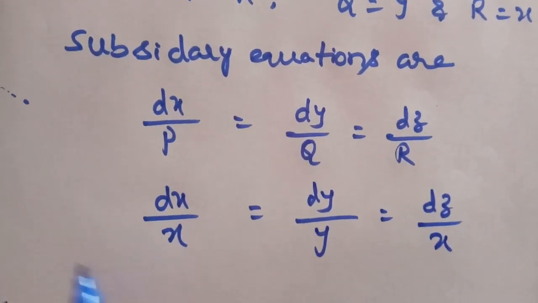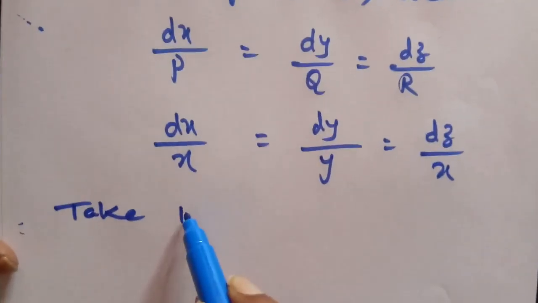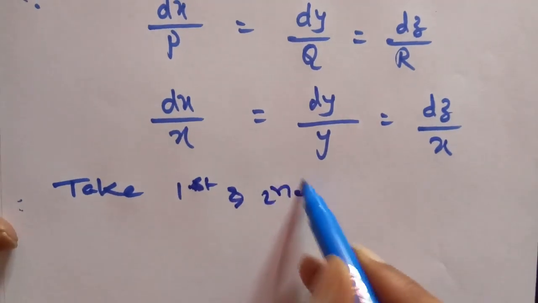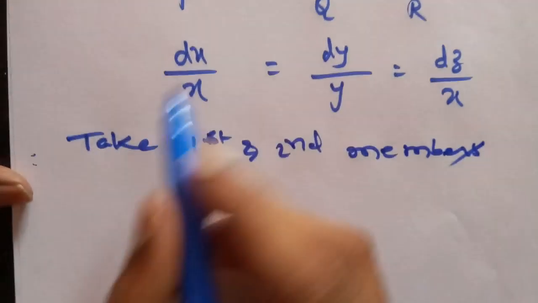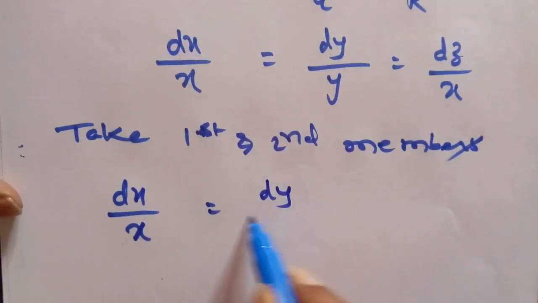Therefore, as in the previous problem, take first and second member. First and second members. That is dx by x, dy by y.